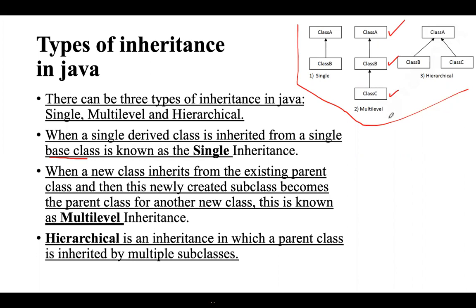If you have this structure in your program, then that type of inheritance is multi-level inheritance. Now the hierarchical one is written here. You can read it quickly so that I can go forward.